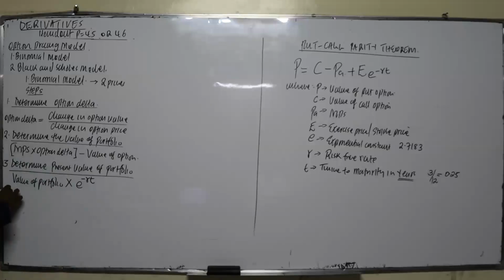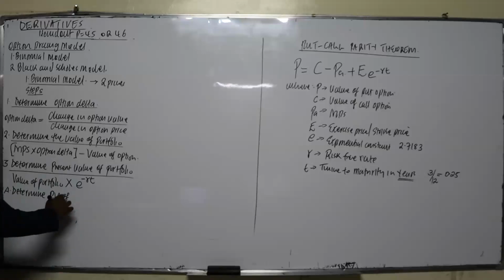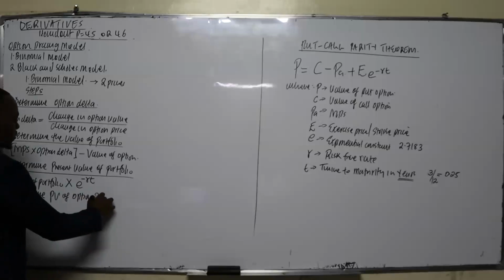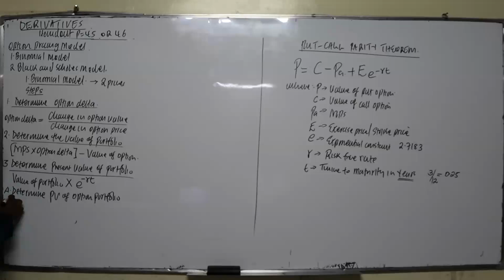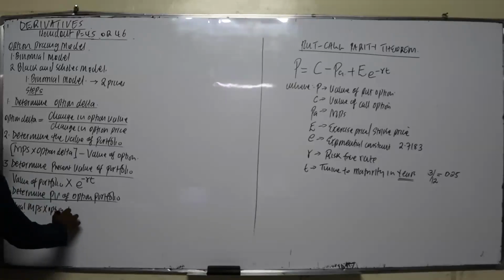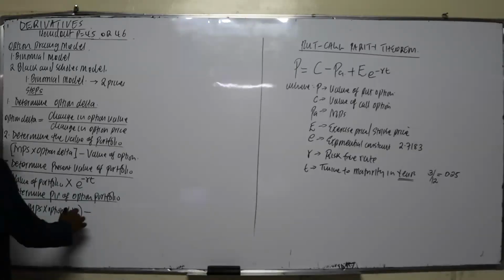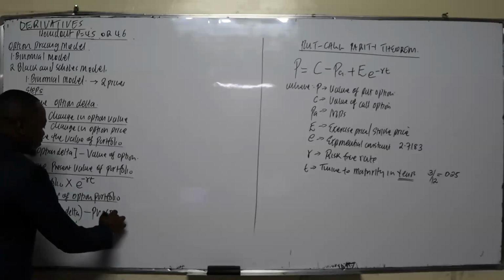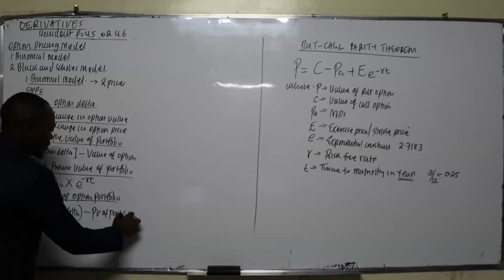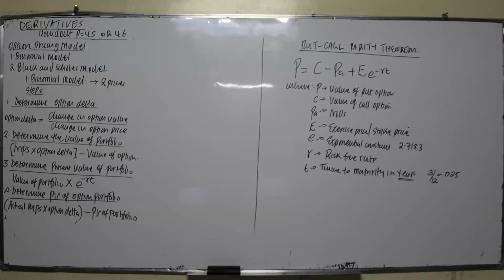And lastly, number four, you determine the present value of the option portfolio. How do you determine it? You take the actual market price per share, you multiply by step number one, that's the option delta. Then you deduct step number three, that's the present value of the portfolio. Those are the steps followed in the binomial model.